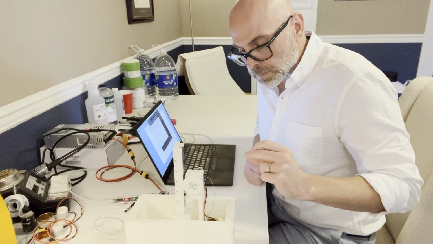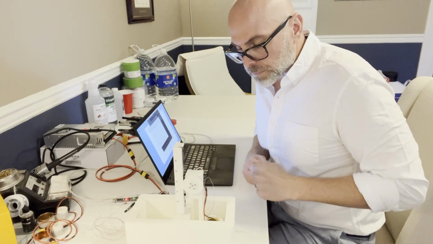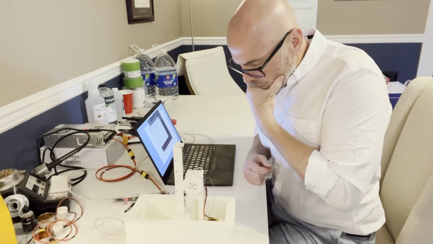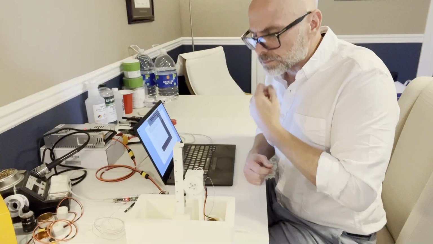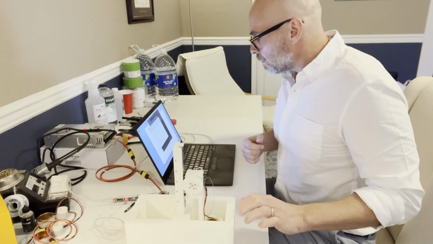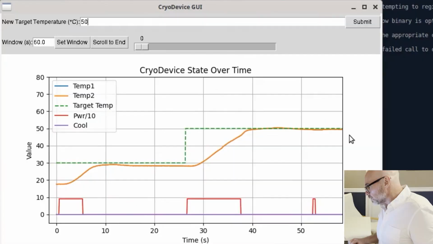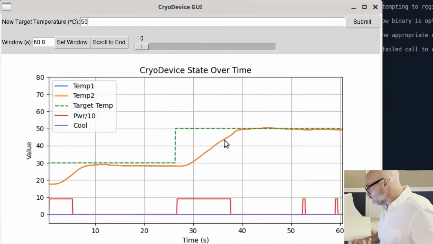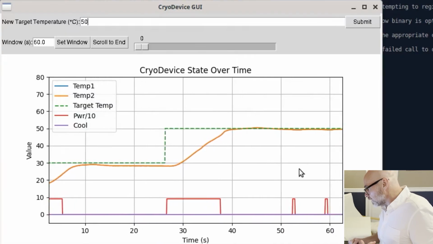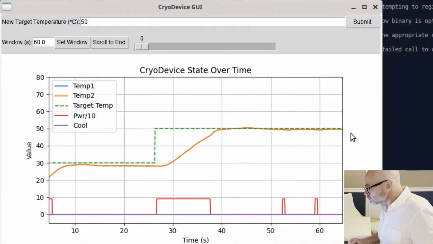Actually, I don't know why I can smell it. I think it might be some of the thermal adhesive that I'm using that I'm able to smell when the nichrome comes on. But yeah, it does a great job. Comes up, holds it really well, and then gives these little pulses.